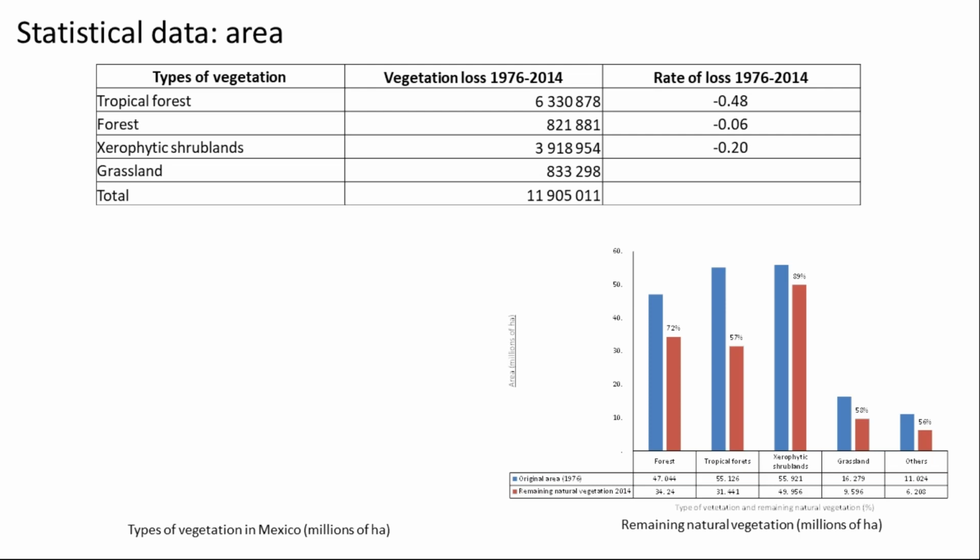We had a series between 1976 and 2014 to analyze vegetation loss and other kinds of data about remaining natural vegetation and do an analysis about ecosystem loss. Next slide, please.